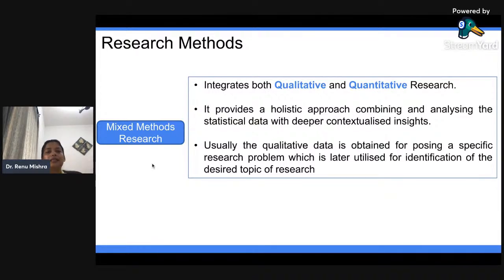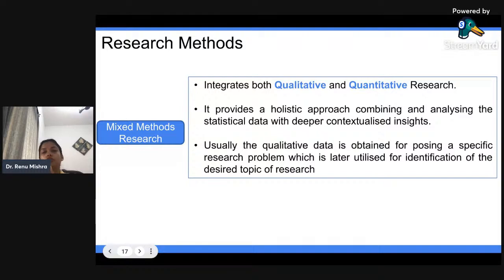So that is mixed method research, and that's why it has been one of the favorites among research scholars, because this particular method leaves no stone unturned. What I mean is that whatever you are exploring in your qualitative research, with the help of quantitative research, you are justifying that, you are giving a logical reasoning for that.